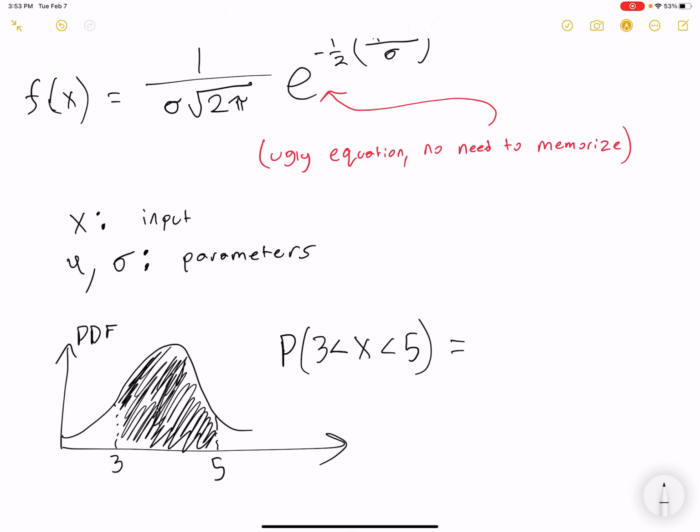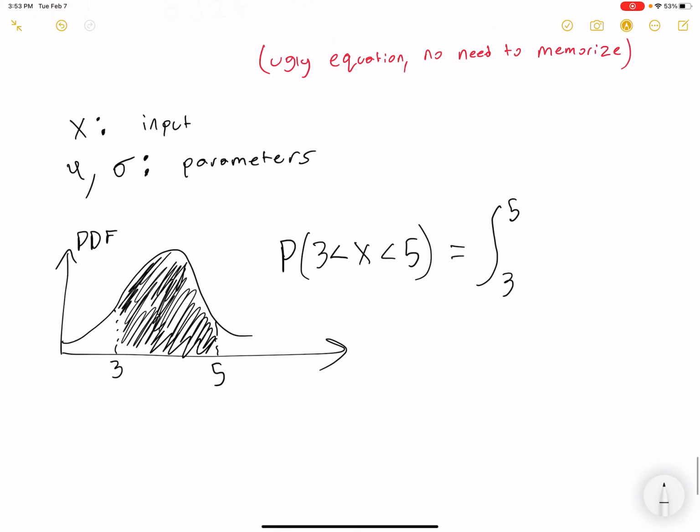And this is the other part of calculus. That's the integral from 3 to 5 of that ugly equation with respect to x. So it equals the area under the curve of the PDF from x equals 3 to x equals 5.